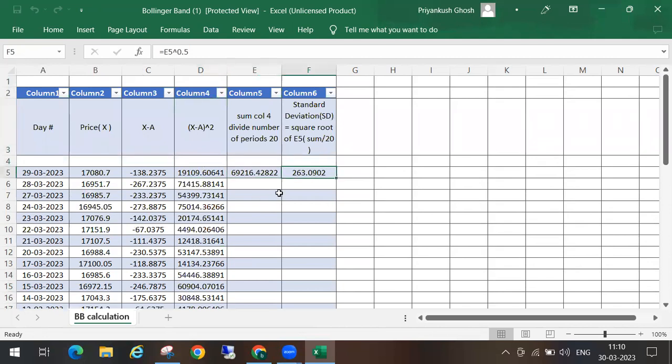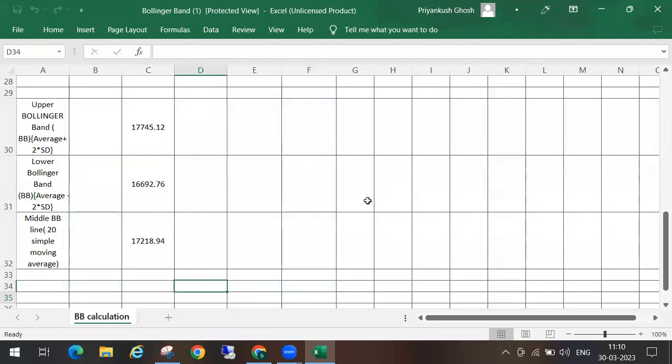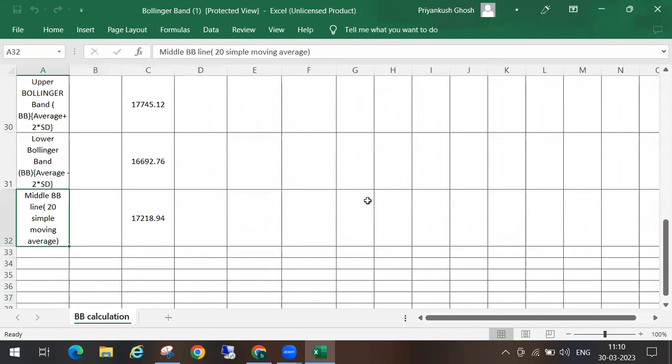With standard deviation, square root of E5. So E5 is this, which is the sum of the squares divided by 20. So uska square root, which is 263.0902. ठीक है, ये स्टैंडर्ड डिवीजन निकल गया. अभी क्या होगा? बॉलिंजर बैंड, अपर बॉलिंजर बैंड and lower बॉलिंजर बैंड.